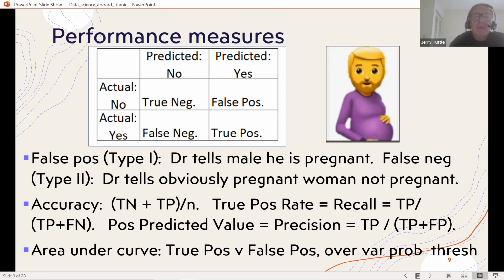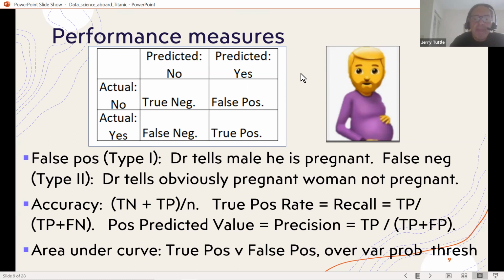You could look at the second row, take the sum of these as your denominator compared to the true positives. That's the true positive rate: what percent of all your actual yeses are true positives? Or you can go down the second column and ask what percent of all the positive predictions are your true positives. So these are three potential ways to measure performance.